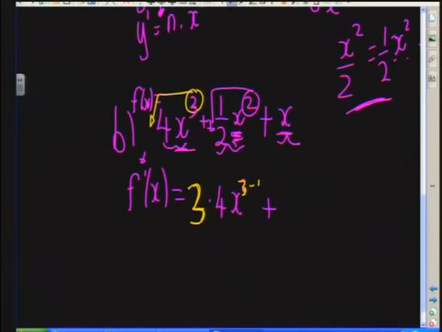Okay, here we've got 2, x to the power of 2, so it's going to be 2 times a half, and then x to the power of 2 minus 1, plus x to the power of, this is a 1, so again the same thing, take the 1, times it by the x, and it's going to be x to the power 1 minus 1. Let's simplify that.